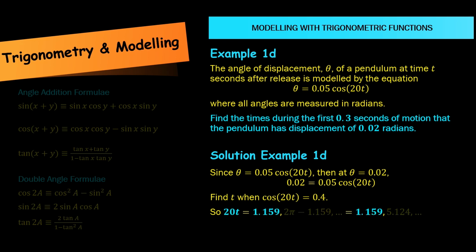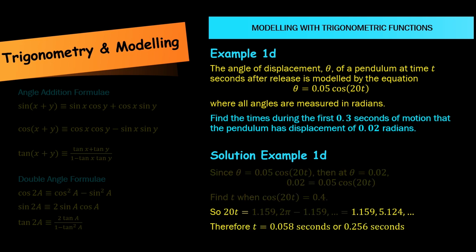So 20t equals 1.159 or 5.124. Therefore, t is equal to 0.058 seconds or 0.256 seconds.